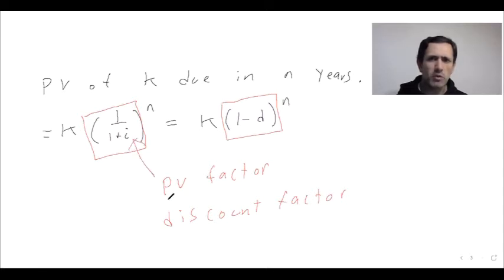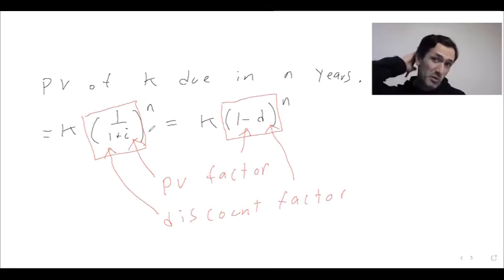But, you know, they're equal, and because both basically serve the same purpose, it's just that this is in terms of interest, this in terms of discount. But you take either of them, raise it to the n, multiply by k, you get the present value. So sometimes it's called the discount factor, sometimes the present value factor. But anyway, just want to make sure that's absolutely clear.